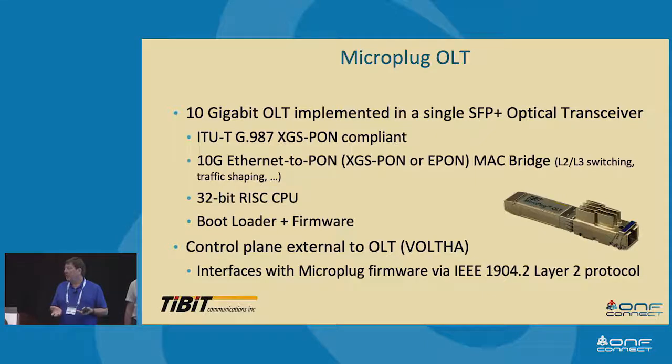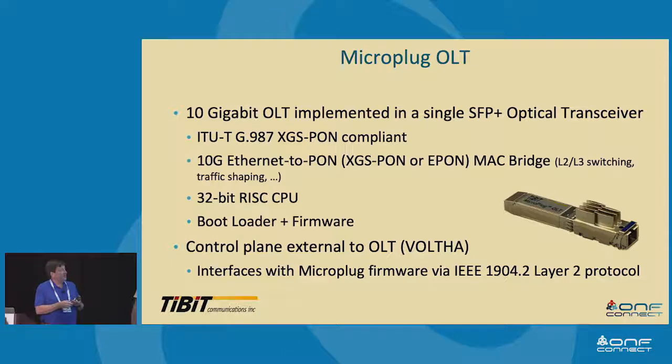That external process could be something running the in-band management protocol within the actual host switch itself. It could be an external PON controller, custom software, or in the case of VOLTHA, it's actually VOLTHA. So that's some of the main differences between the two capabilities.